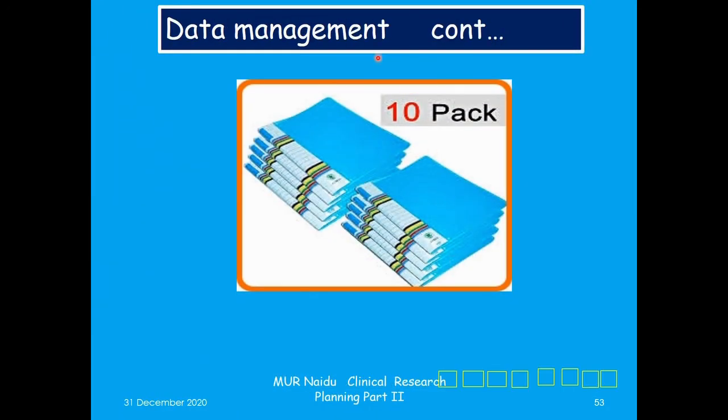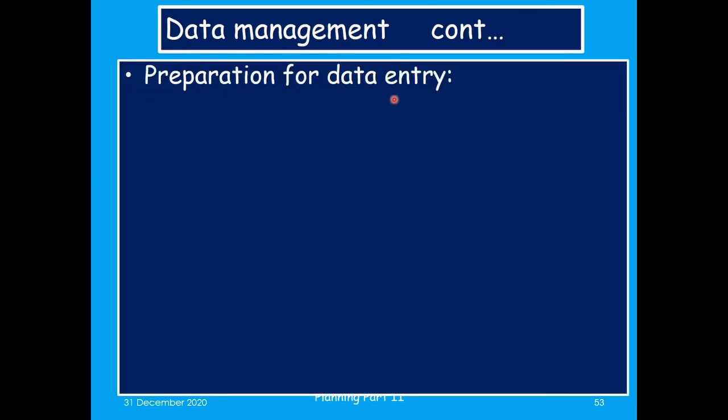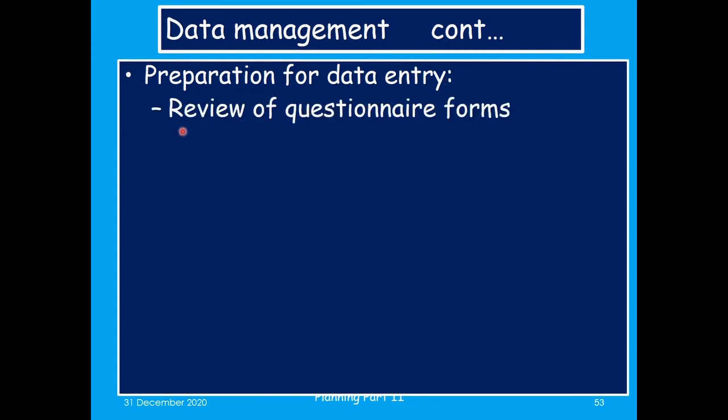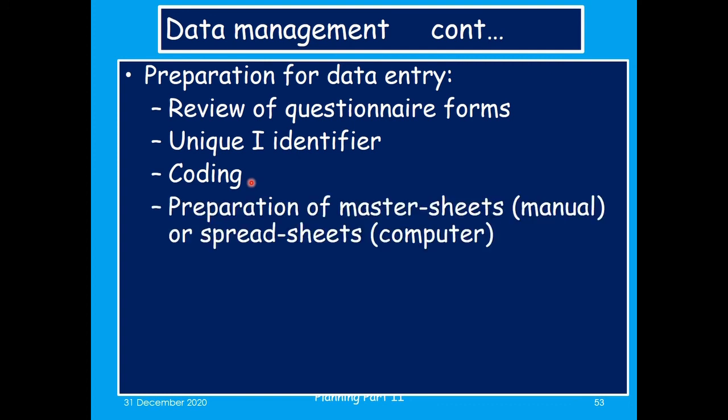Various activities are carried out in data management. That includes the preparation of the data entry form, review of all the questionnaire forms, unique identifier, coding of the document, preparation of a master sheet or manual or protocol or a spreadsheet to be used in the computer.